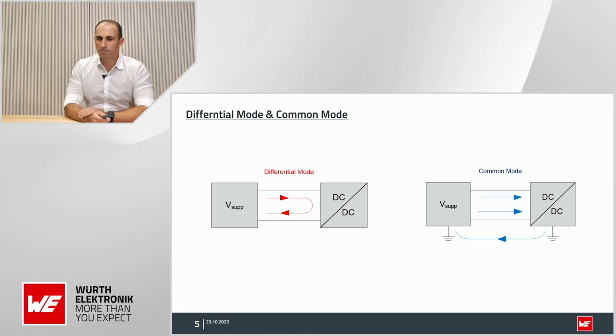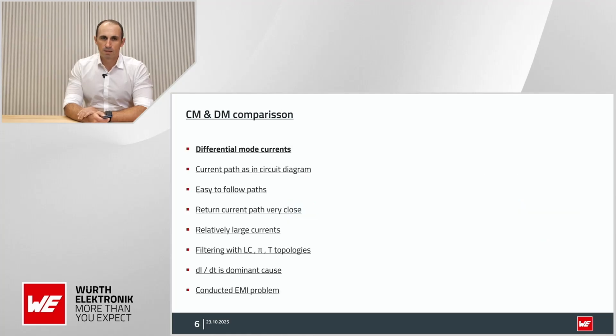The common mode is the current between the phases, and the return path is the earth. The differential mode currents are easy to follow because they are traveling the same way as in the schematic, and usually we have pretty large currents in the range of milliamps or amps, and we can easily filter them with pi topologies, T or LC filters between the phases.